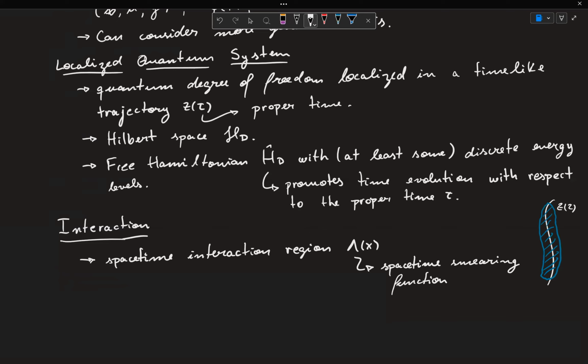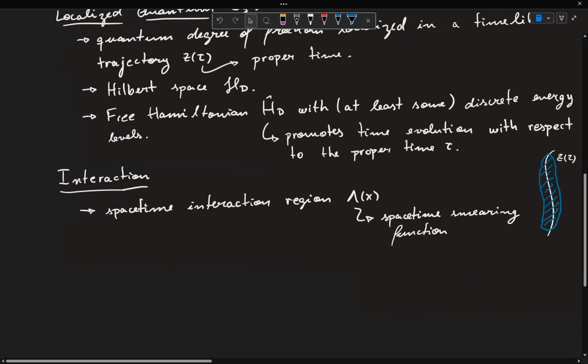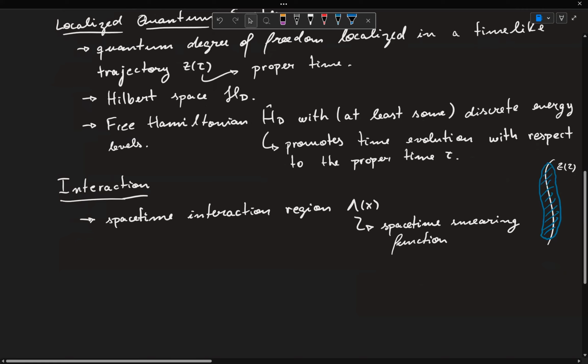You can relax all of these conditions. You can consider more general things, but in general, picture this lambda of x as defining this finite world tube around your trajectory, and this will be the interaction region between the detector and the quantum field.